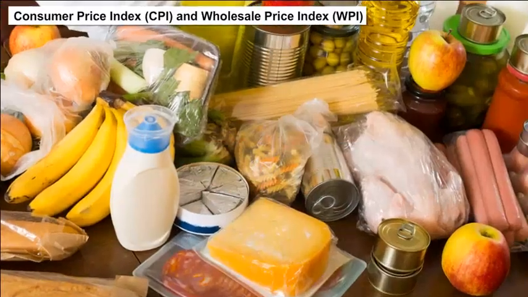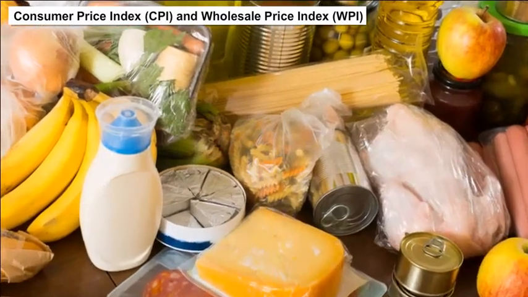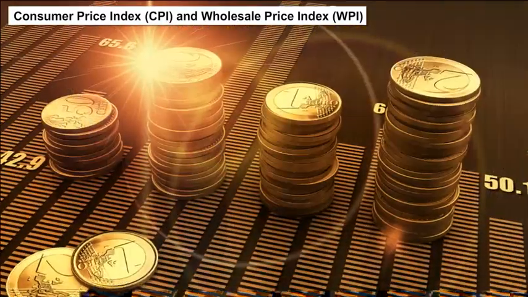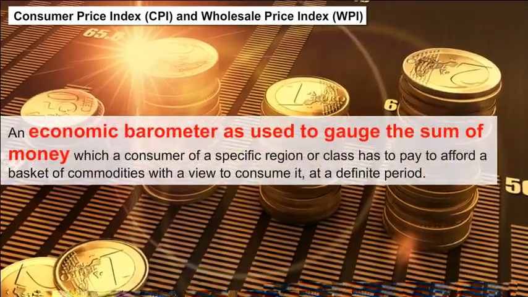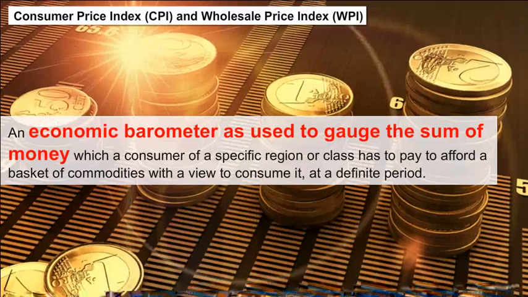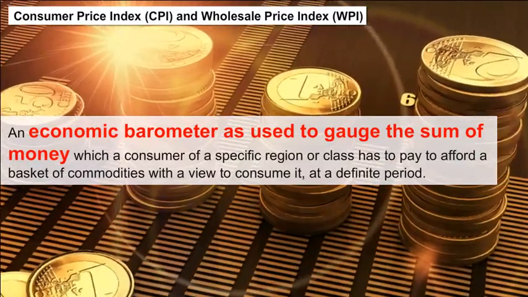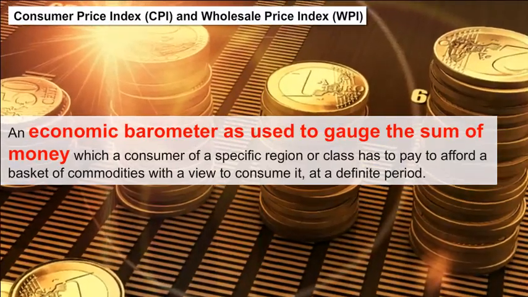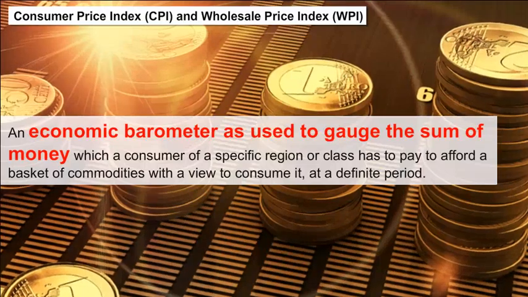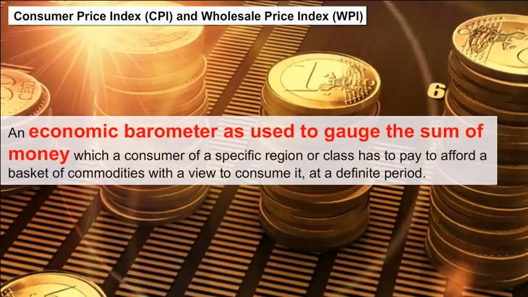Consumer Price Index, CPI, and Wholesale Price Index, WPI. The Consumer Price Index, or CPI, is an economic barometer used to gauge the sum of money which a consumer of a specific region or class has to pay to afford a basket of commodities with a view to consume it at a definite period.